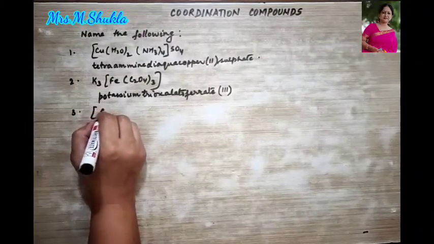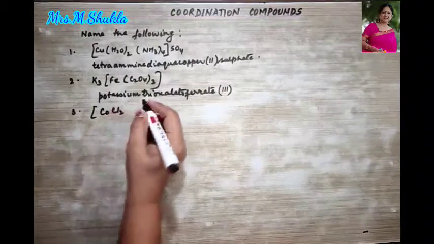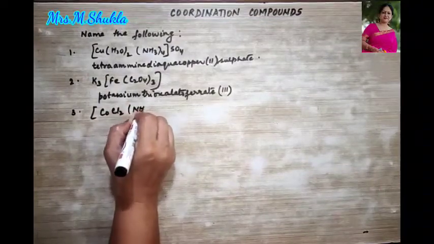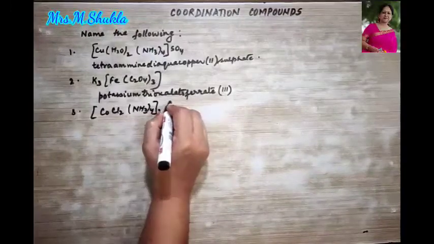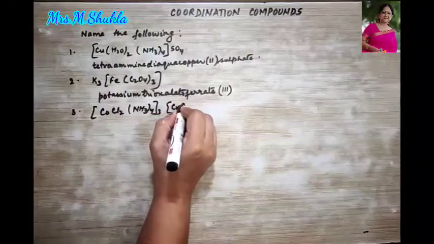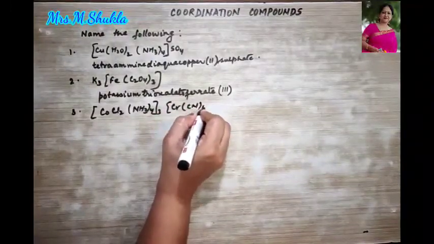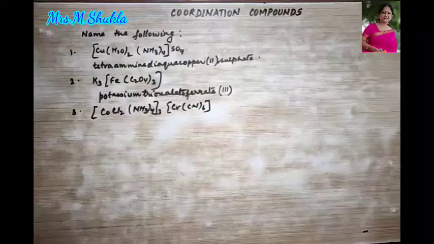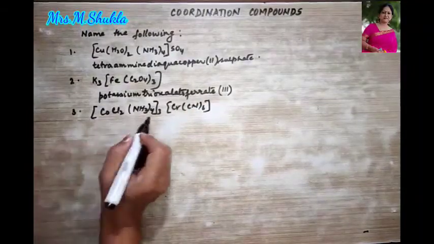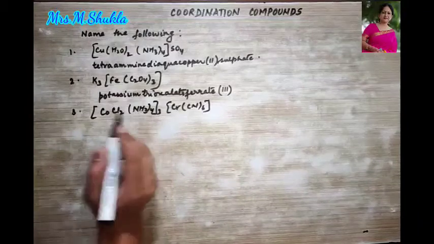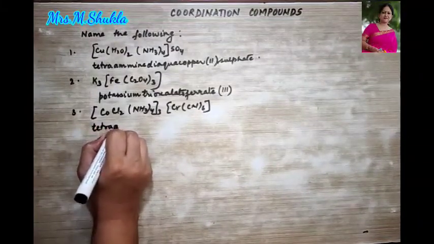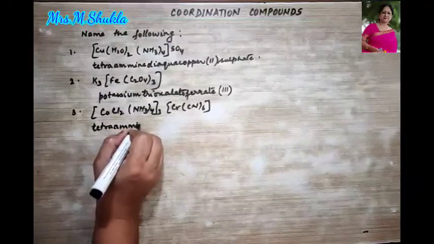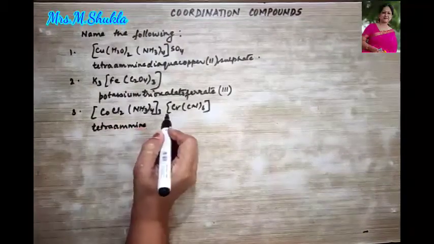[Co(NH3)4Cl2][Cr(CN)6]. Now name this compound. So let's begin. Tetraammine.